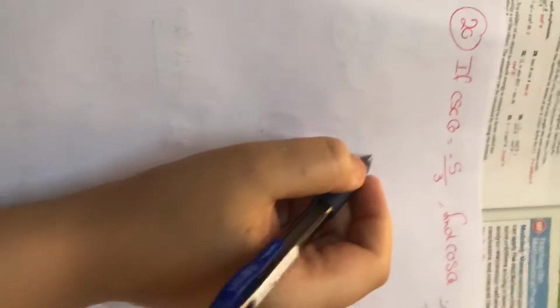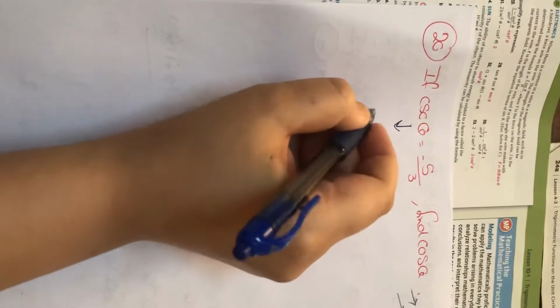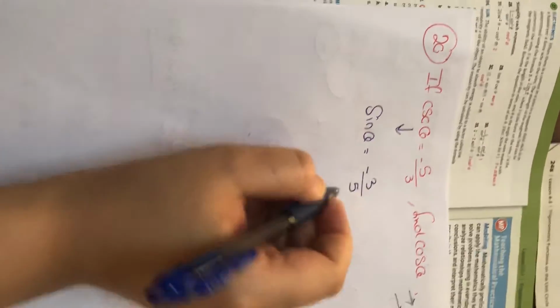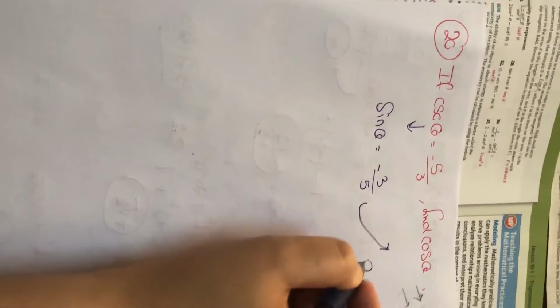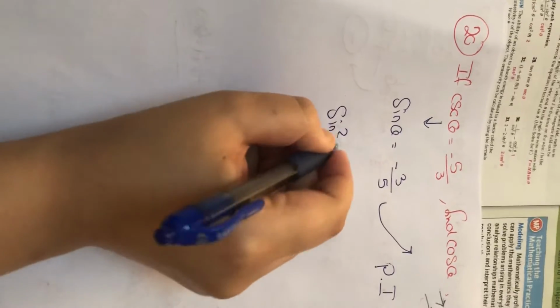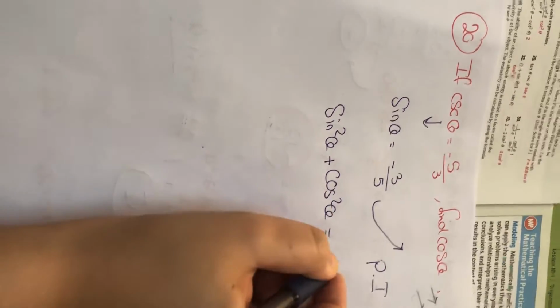And finally, question number 20. I bet you love this lesson. I cannot relate cosine and cosec. This can help me find sine, because sine theta is equal to -3/5. And this can help me find cosine by using the Pythagorean identity: sine squared theta plus cosine squared theta is equal to 1.